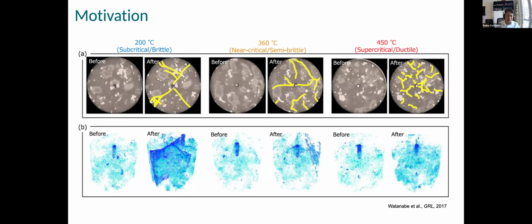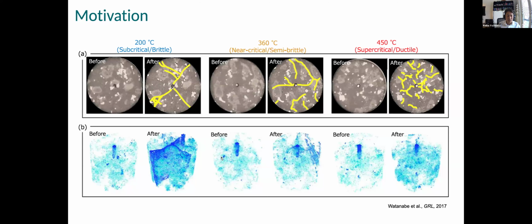For low temperature, 200 degrees C, shown on the left, the granite is still in a brittle condition, and water is still below supercritical condition.